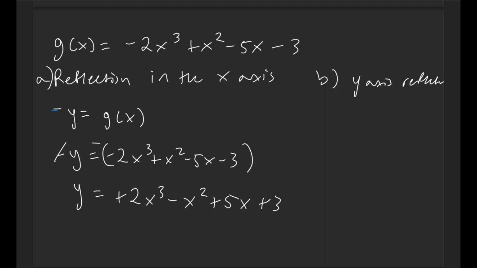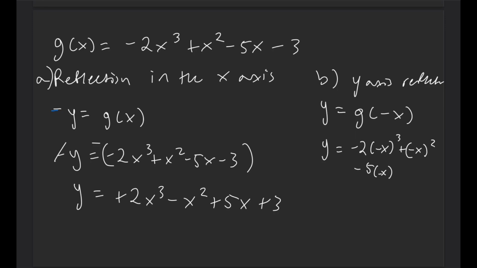Okay, and then let's see what would happen if it's a reflection in the y-axis. So in that case, it's going to be y is equal to g of negative x. So now we would take y and make it equal to negative 2 times negative x to the 3 plus negative x squared, minus 5 times negative x, minus 3.